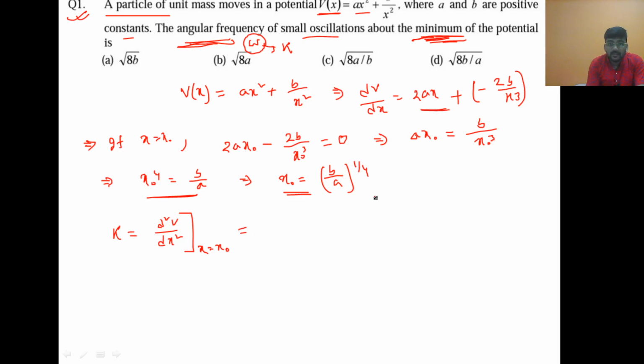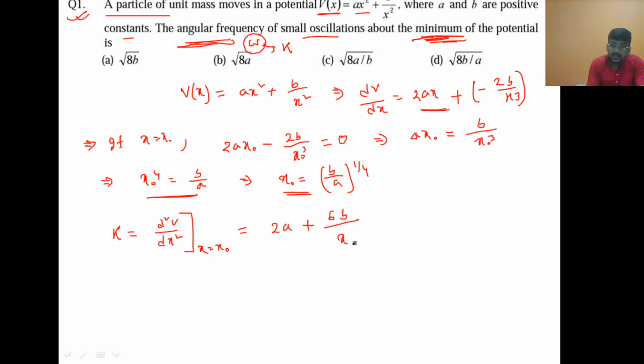The second derivative: this is the first derivative dV/dx, so the second derivative will be 2a minus, here, 2 times the derivative of 1/x^3, which is -3/x^4. So minus minus will be plus, and it will be 6b/x^4.